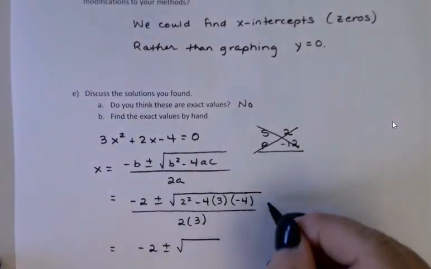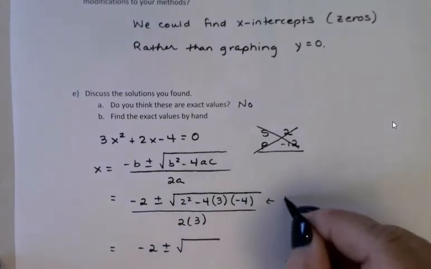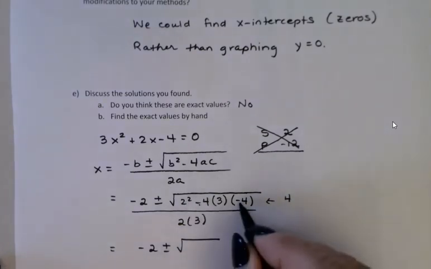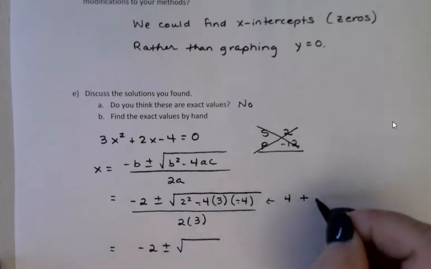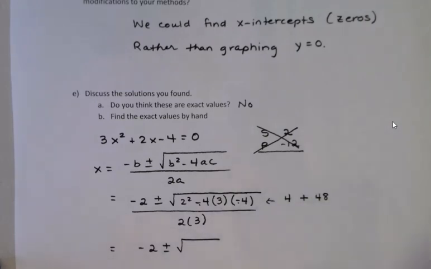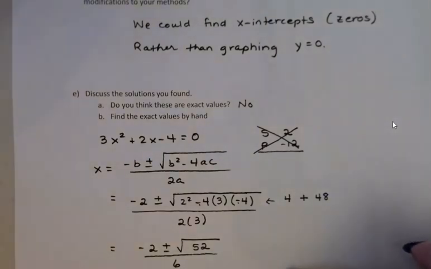Under my radical here, 2 squared is 4, minus a negative is going to make that plus, and 12 times 4 is 48. So I actually have 52 under the radical, and 6 on the bottom.